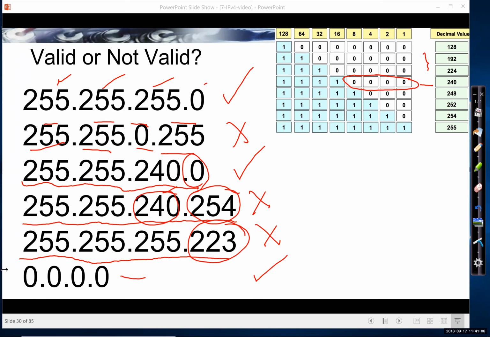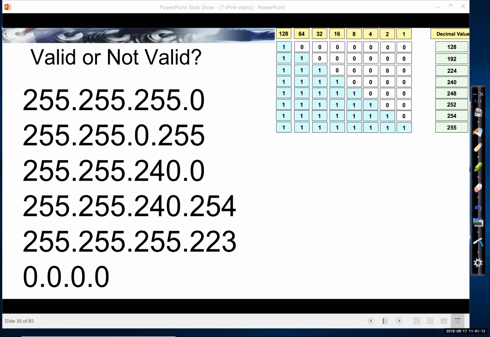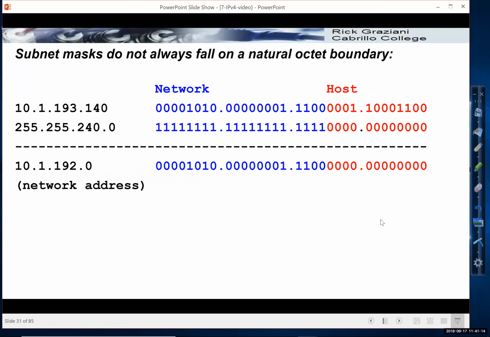Okay, so subnet masks do not always fall on a natural octet boundary. Here we have an IPv4 host address and a valid subnet mask. In this case, look where our ones and our zeros begin, right there.